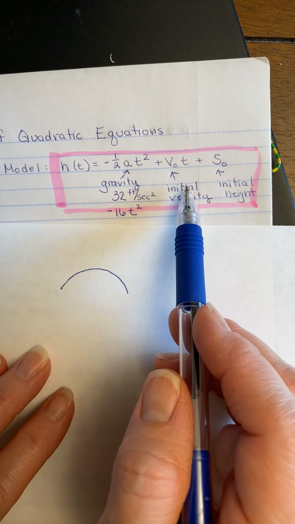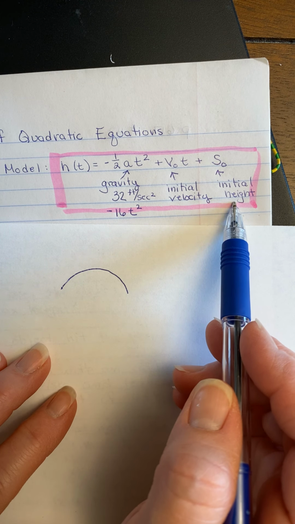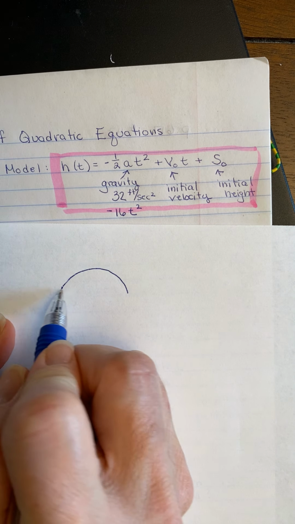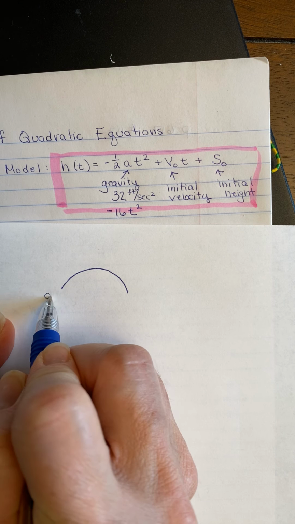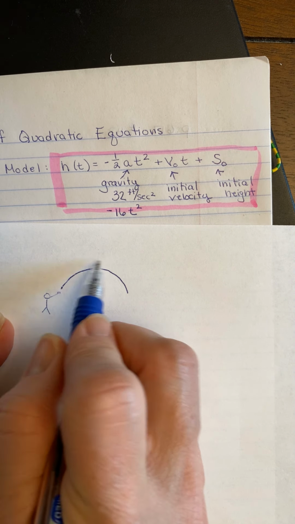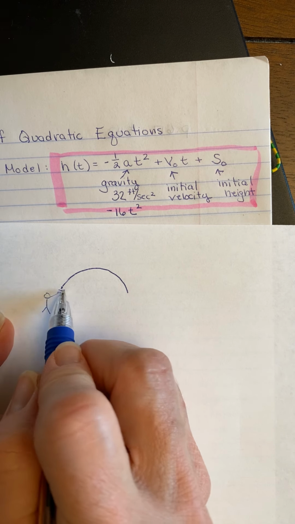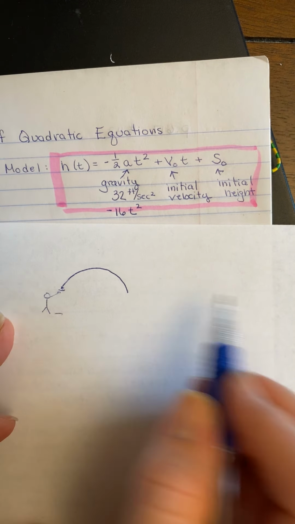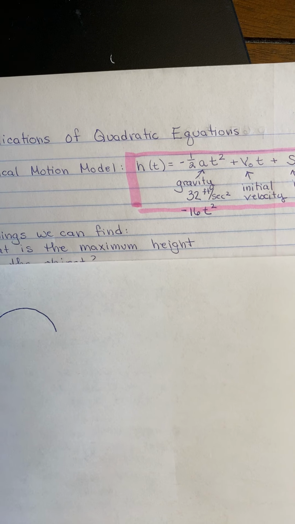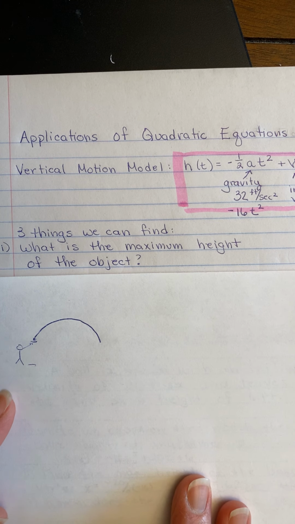So V sub naught times t plus s sub naught stands for the initial height of the thing that you threw. So if you throw this above your head, here's your arm, you're throwing the ball here, maybe that would be at 8 feet. So your s sub naught there would be 8 feet, the initial height at which that thing is launched.